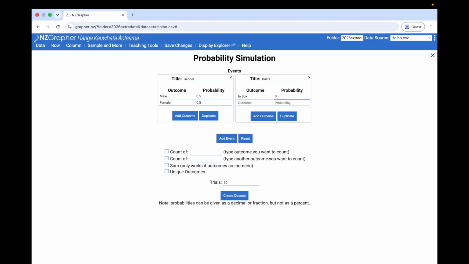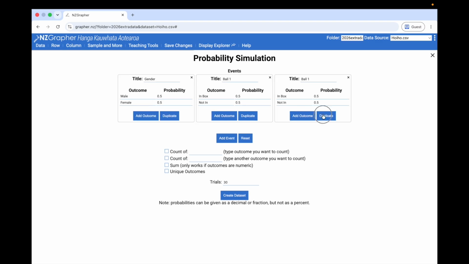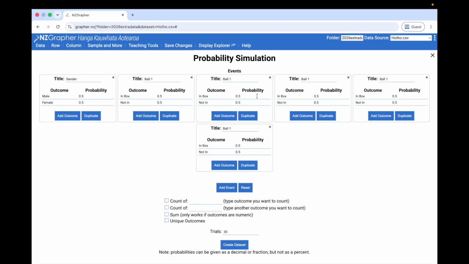And we're going to say that probability is 0.5 and not in is going to be 0.5. And we're going to duplicate that because I want 5 balls. So ball 1, ball 2, ball 3, ball 4, and ball 5. And I am going to do a count of the number that end up in the box.